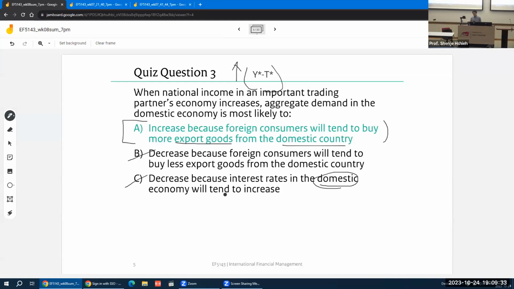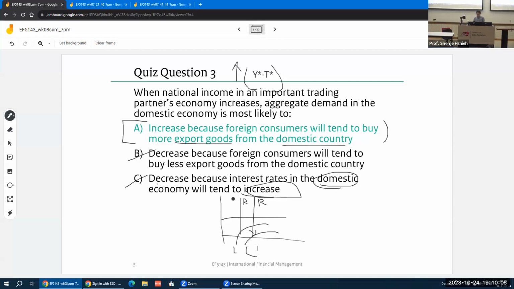If we increase wealth, you see an outward shift of the liquidity preference curve, and that's going to increase R. So if that increase in Y is coming from the domestic economy, then yes, I would agree that interest rates will increase.